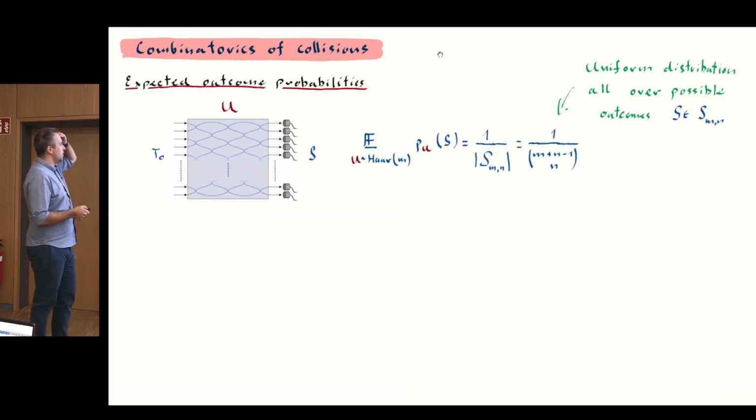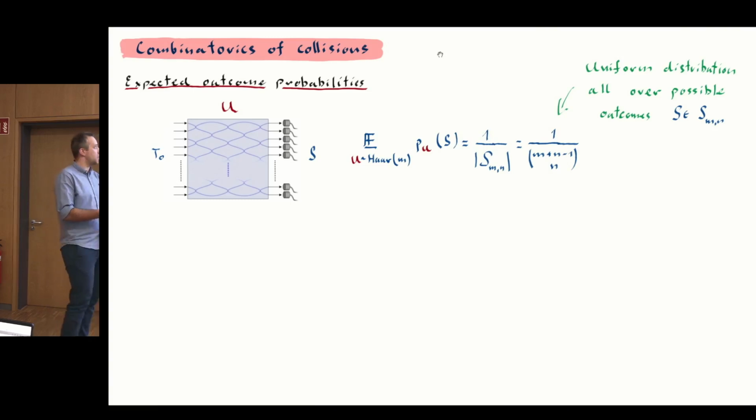It's actually very easy to show, since the bosonic subspace is an irreducible representation of the unitary group, that for every S, the expected probability is just 1 over the dimension of the bosonic space. So expected probability amounts to just sampling S uniformly at random from all possibilities that you have.